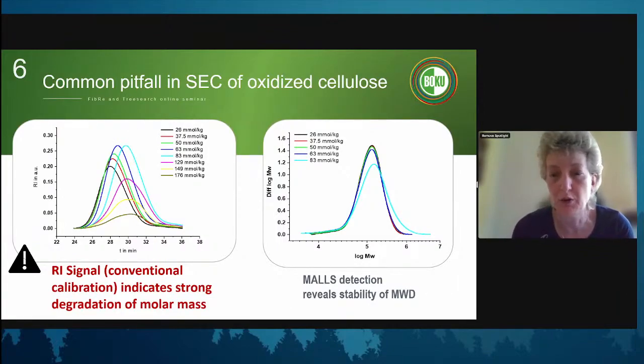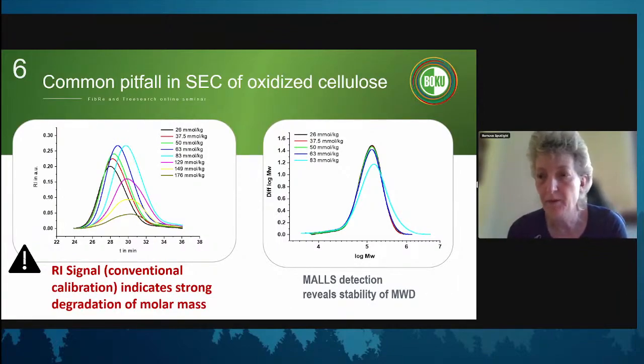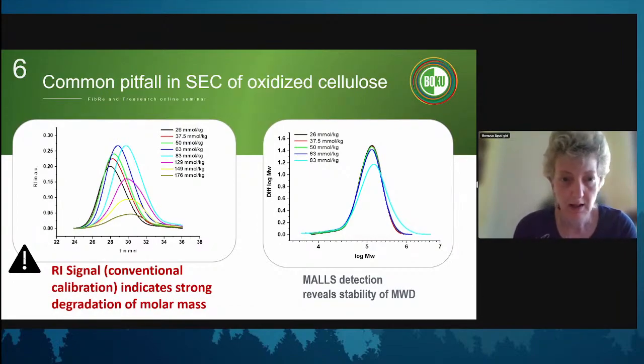And this is where the cross-linking starts to occur. So moderate periodate oxidation initially does not lead to a degradation, and you have to be very careful with oxidations if you conclude from a conventional calibration with standards, or just looking at the retention times, that you draw the right conclusions. Now, why is that?